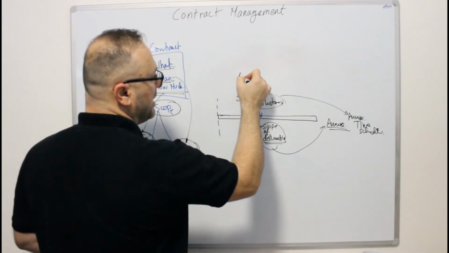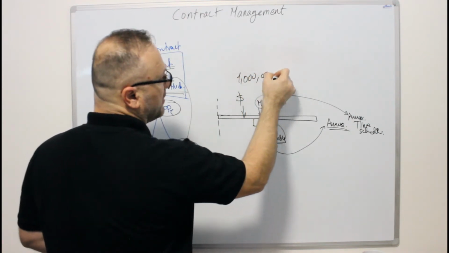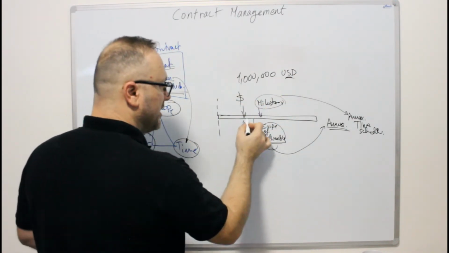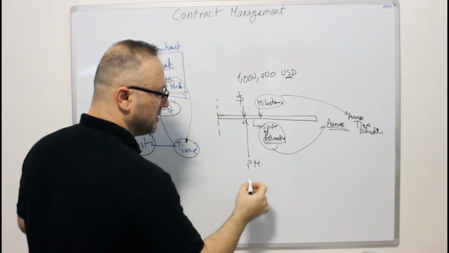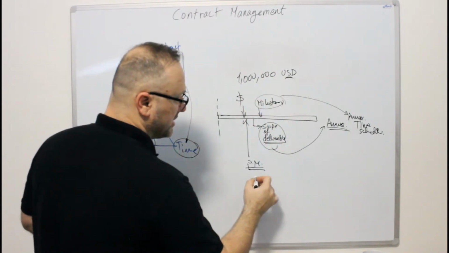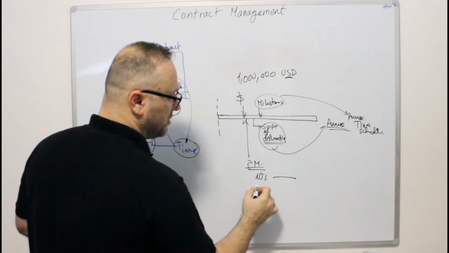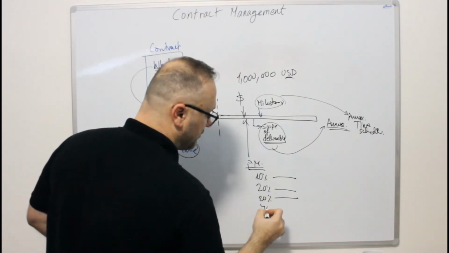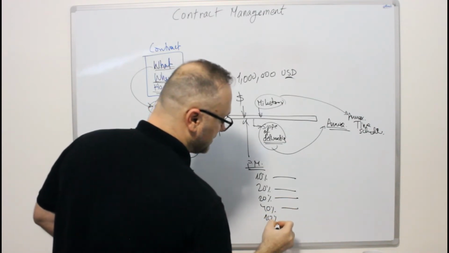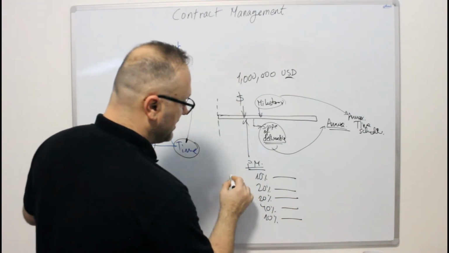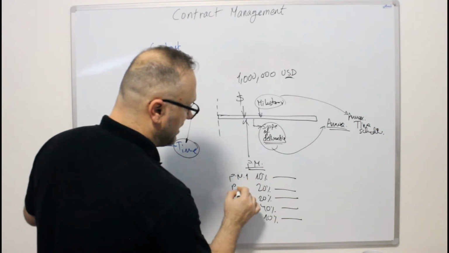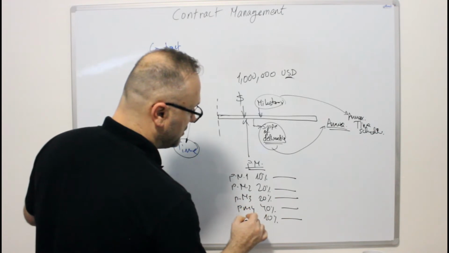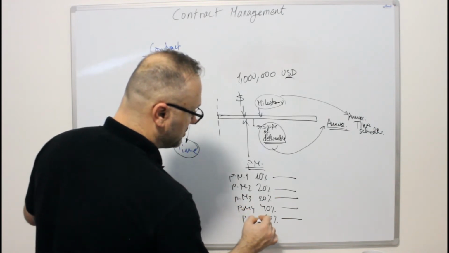Maybe this is for 1 million USD, and the payment milestones, where this 1 million is set like 10% upon, 20% upon, another 20% upon, another 40% upon, and another 10% upon. So you have payment milestone 1, payment milestone 2, payment milestone 3, payment milestone 4, and payment milestone 5.